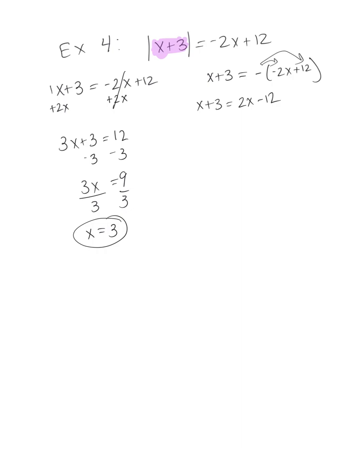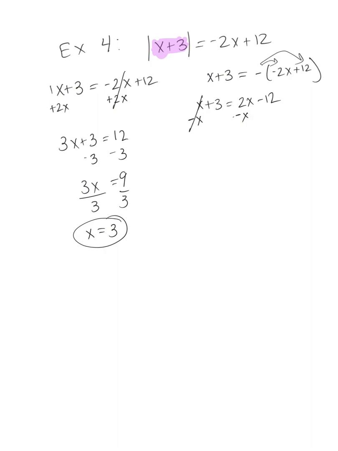Now again, we're going to get the variables on one side. I'm going to subtract 2x from both sides. Actually, instead of doing that, I'm going to just subtract x from both sides. That way I'm not dealing with too many negatives. So x minus x is 0.